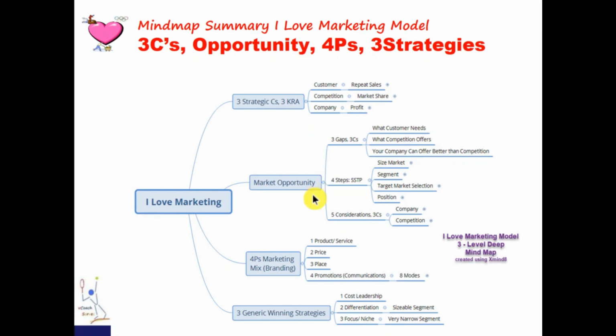The second key concept is market opportunity, and we know when it exists, what to do, and the considerations whether the company wants to take advantage of it. The third key concept is about the four P's or the marketing mix. And finally, the fourth concept is about the three generic winning strategies for marketing, which are cost leadership, differentiation, and niche.